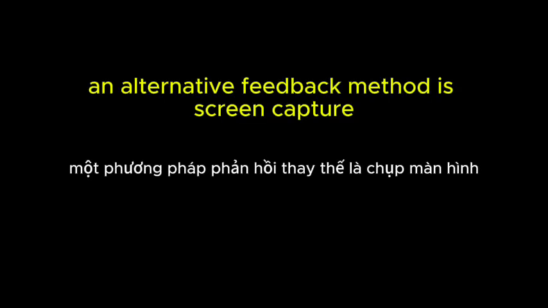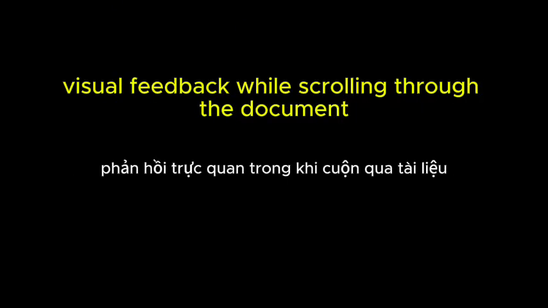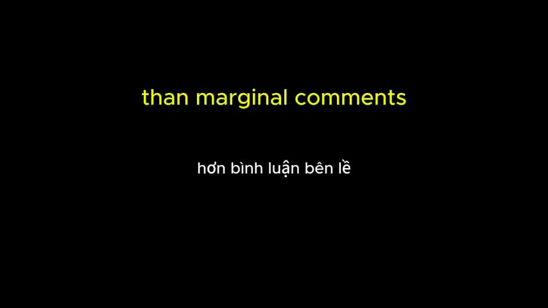An alternative feedback method is screen capture, using software such as Jing or Camtasia to record audio-visual feedback while scrolling through the document. This allows for more nuanced explanation than marginal comments.